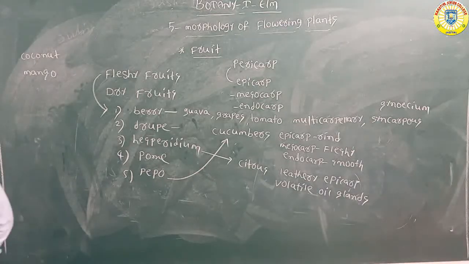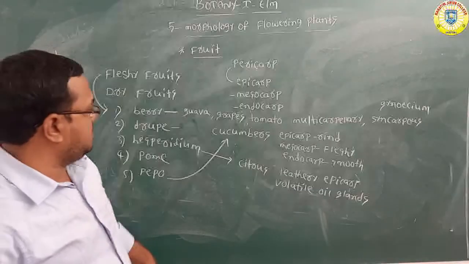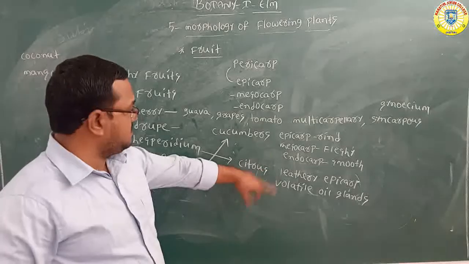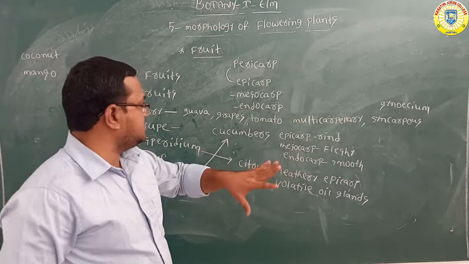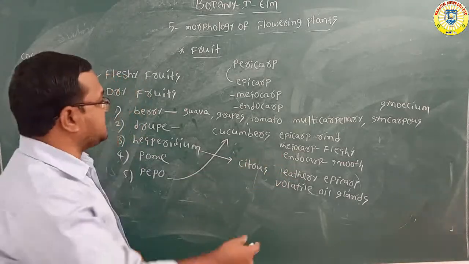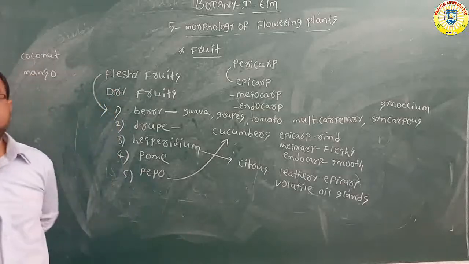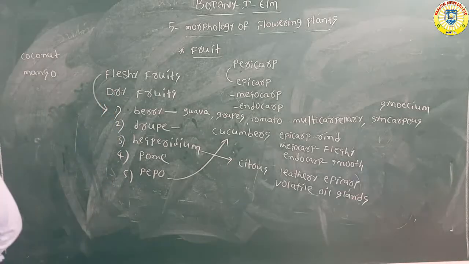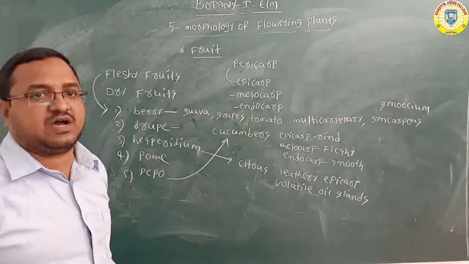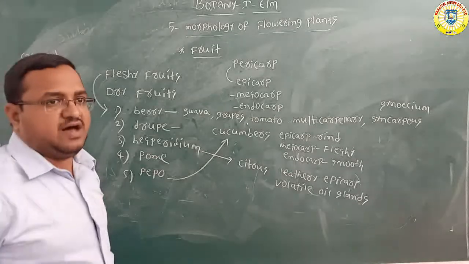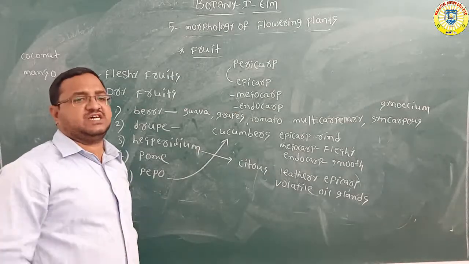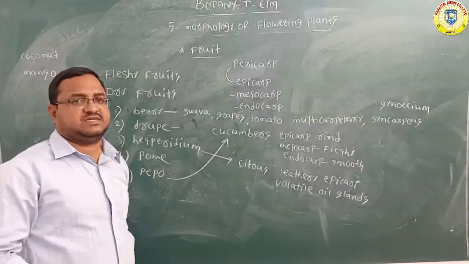Here you can see epicarp is leathery with volatile oil glands. Mesocarp is a paper-like substance, a papery layer, and the walls of the endocarp bear smooth, fleshy, juicy hair-like structures.